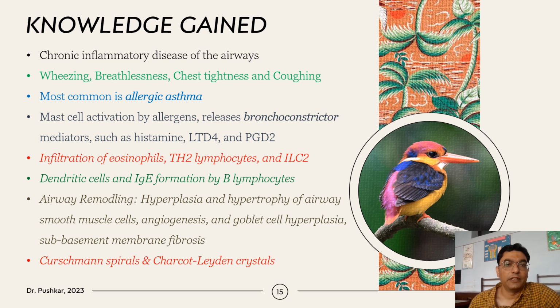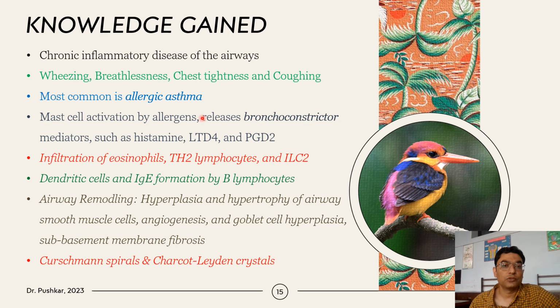So then what knowledge did we gain today? We now know that asthma is a chronic inflammatory disease of the airways, which involves recurrent episodes of wheezing, breathlessness, chest tightness, and coughing.